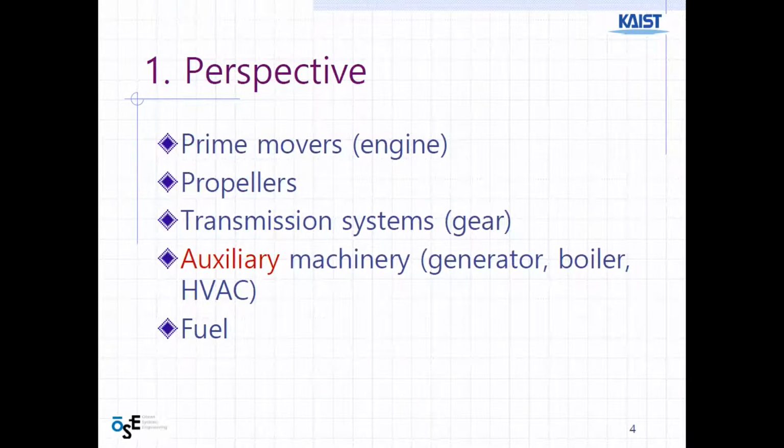This is the overview. Prime movers covers the main engine, the propulsion system, and the transmission system to adjust the speed and power, and auxiliary machinery: the electricity generator, and the boiler for the steam turbine, and HVAC.